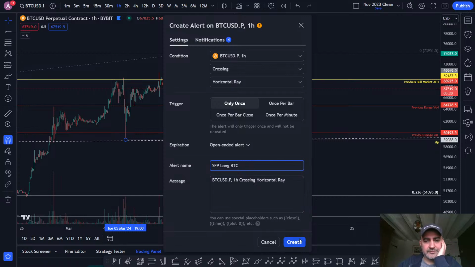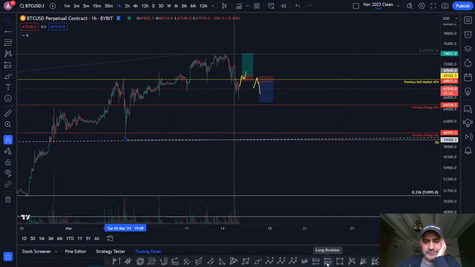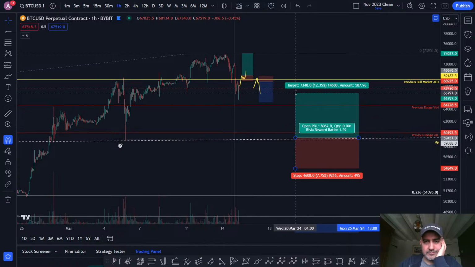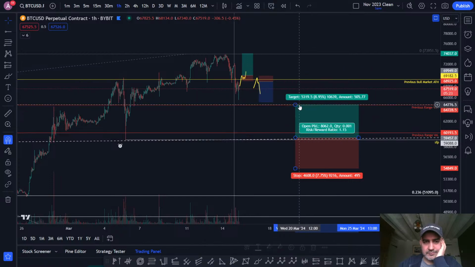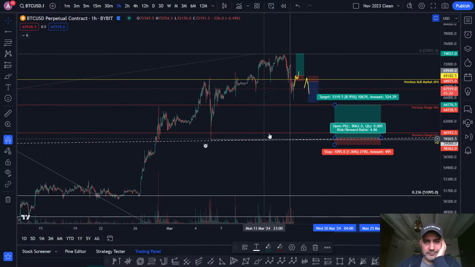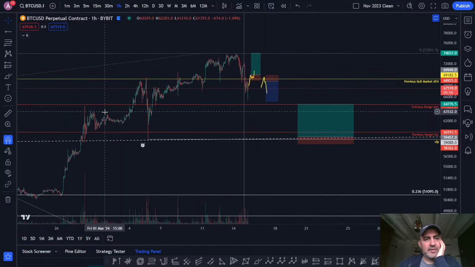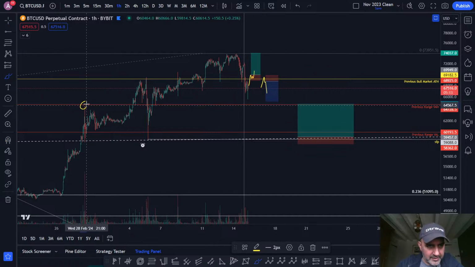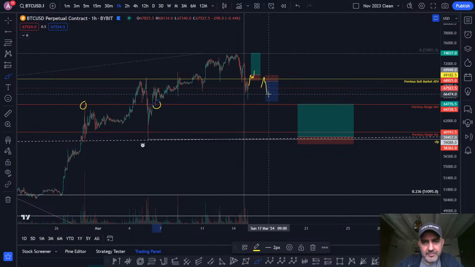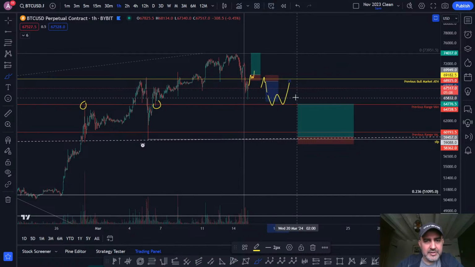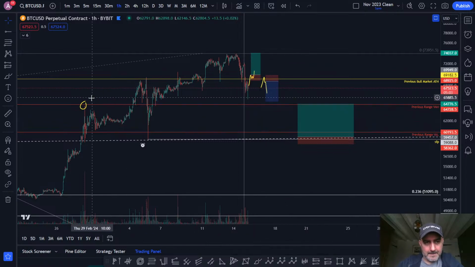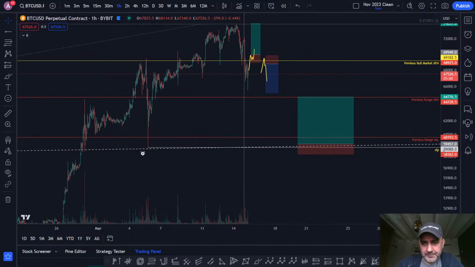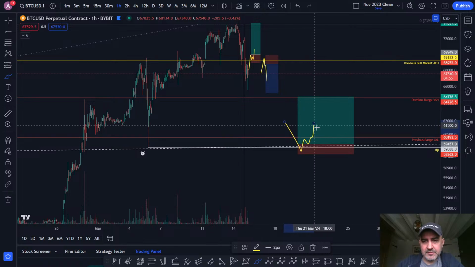Setting it up. You also have to remember that there is a bit of a higher SR flip going off here on the local time frame. It doesn't have to go down. You have to bear that in mind. But this is a great long, this one. Amazing long.